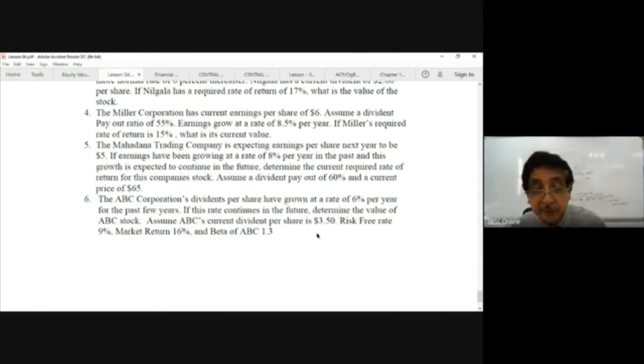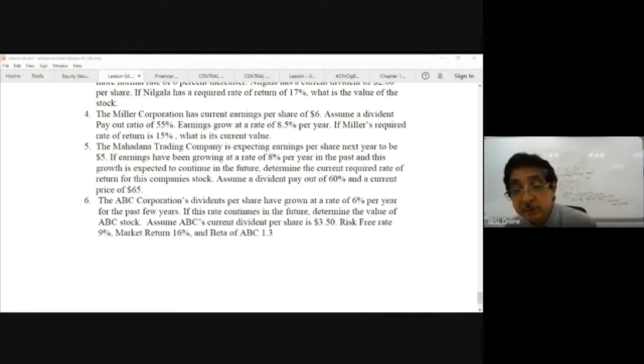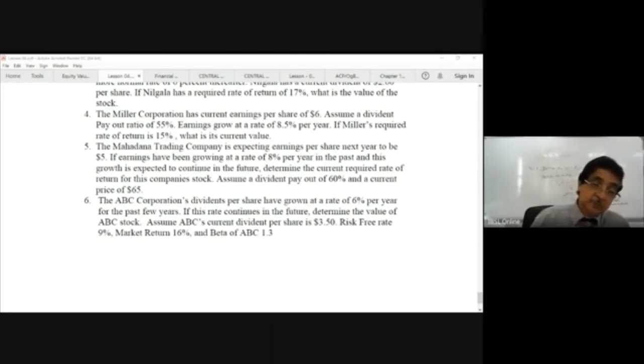Yes, required rate of return. Can you calculate? Yes, Samit. Ruchira, correct. Samit, okay. All others should try this. Try that and see.